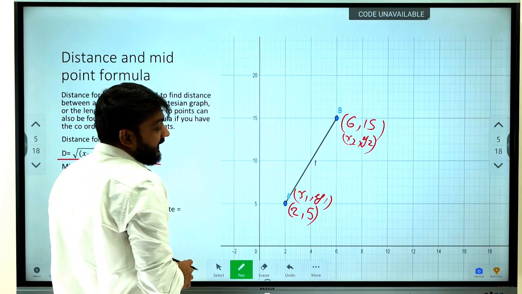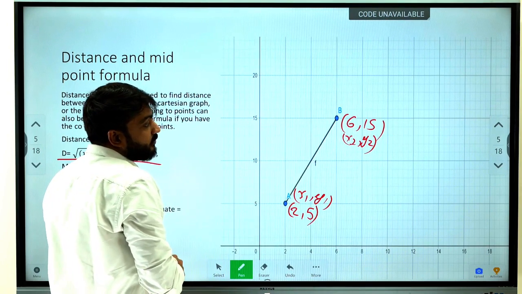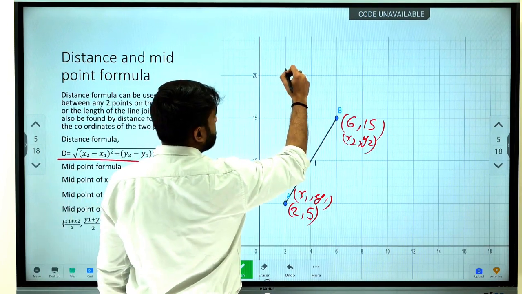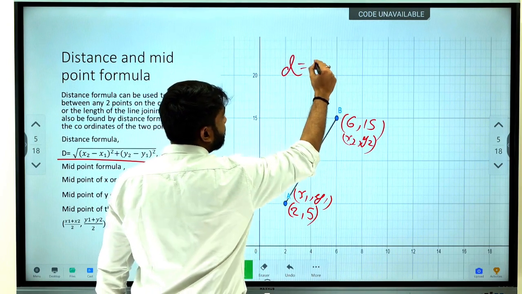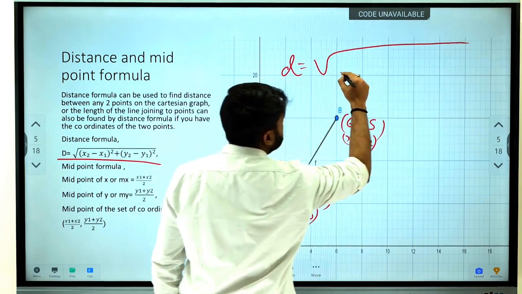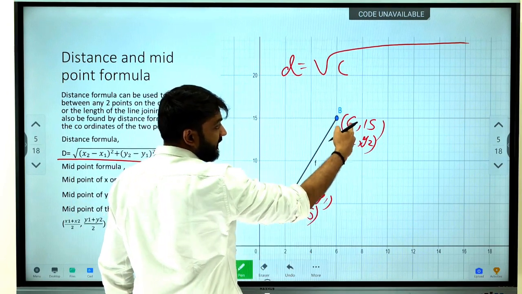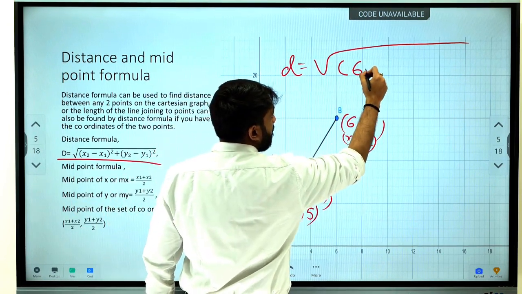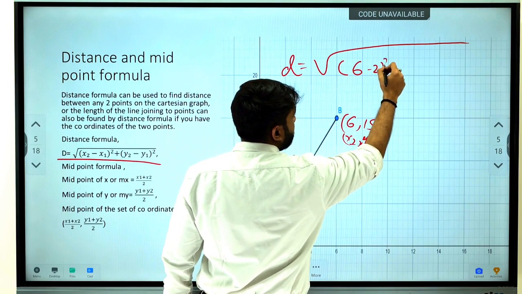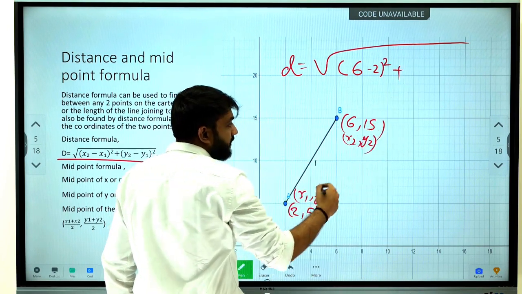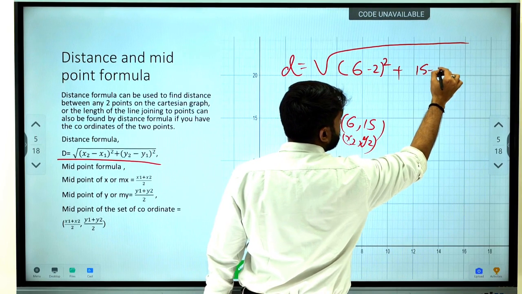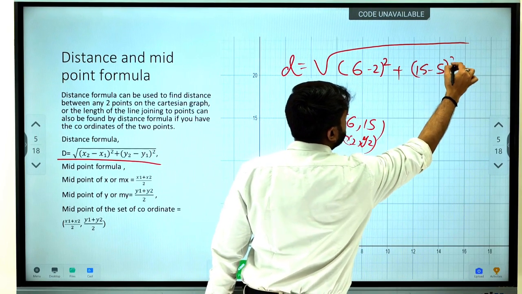So for us, x1, y1 is 2, 5 and x2, y2 is 6, 15. Using the distance formula, which goes something like this: x2 minus x1 square, which will be 6 minus 2 square, plus y2 minus y1 square, which for us will be 15 minus 5 square.